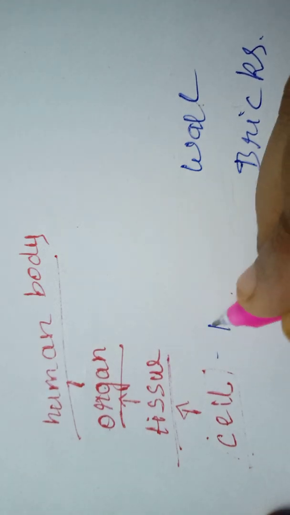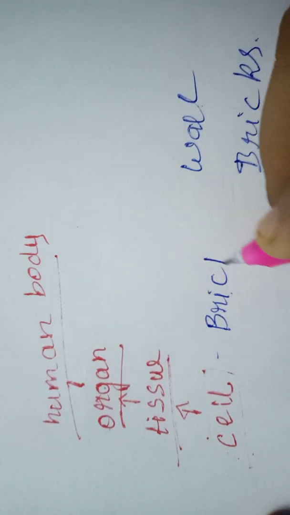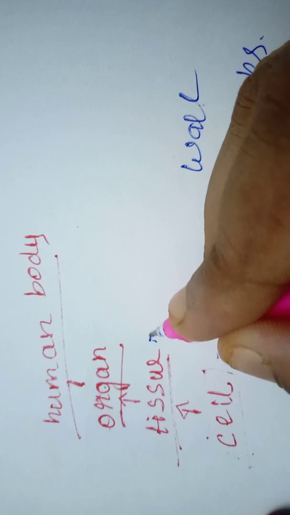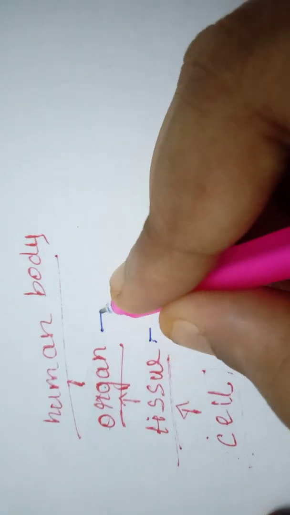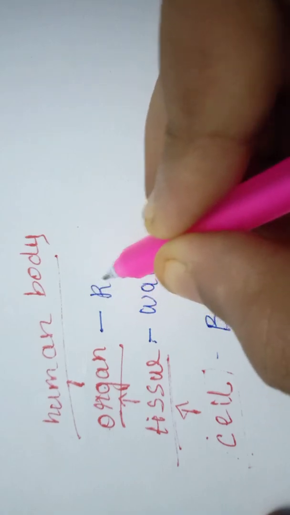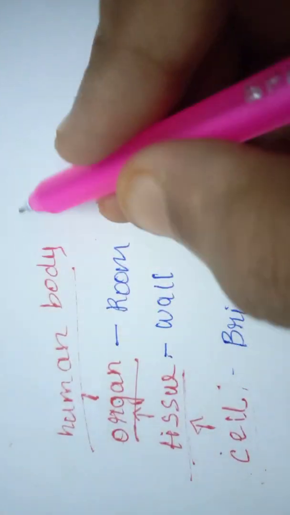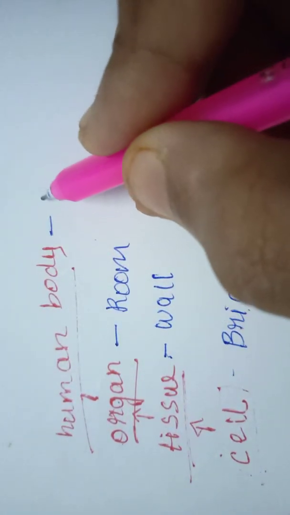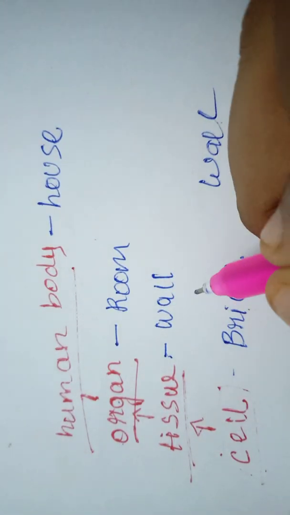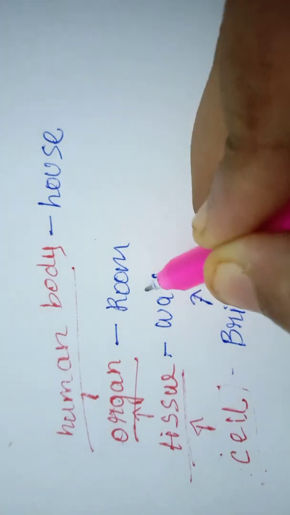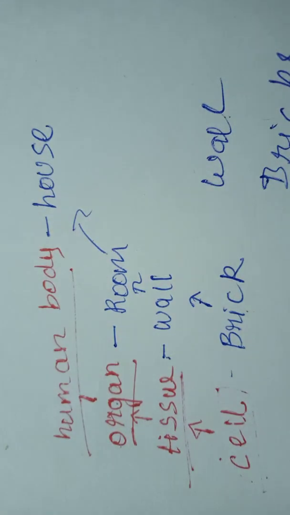Like, if you think a cell is a brick, a group of bricks will make a wall, and if you arrange those walls, it will become a room, and if you arrange those rooms in a particular manner, it will become a house. In this way the chain goes.